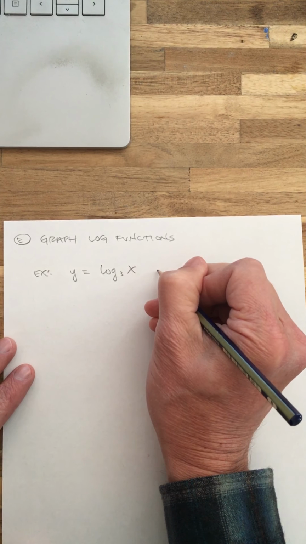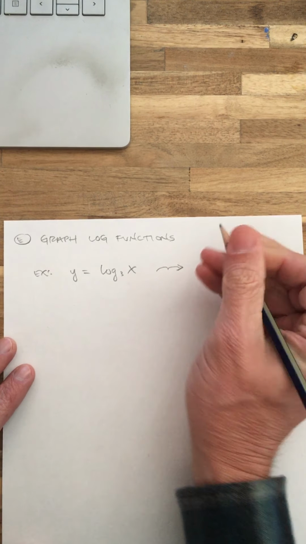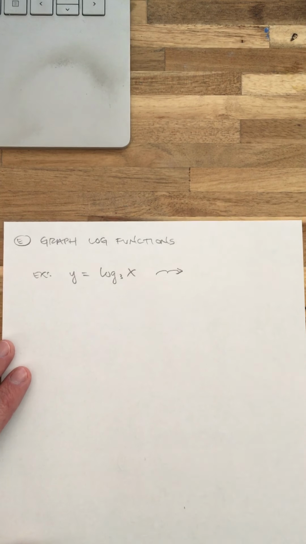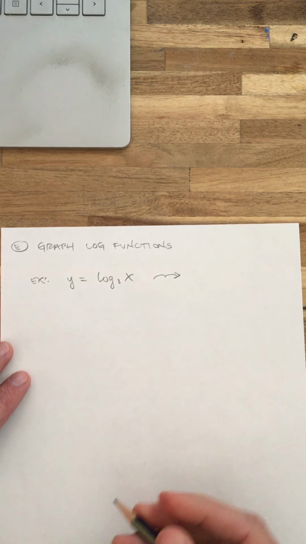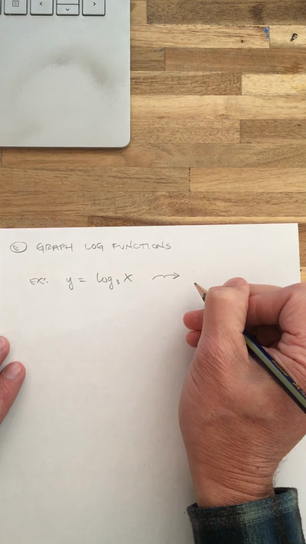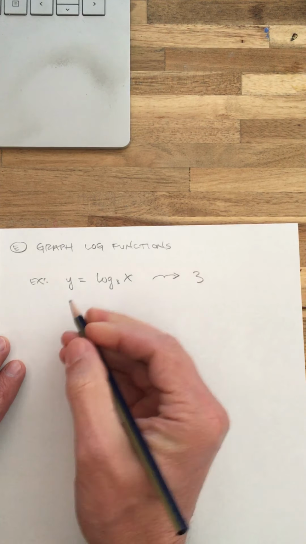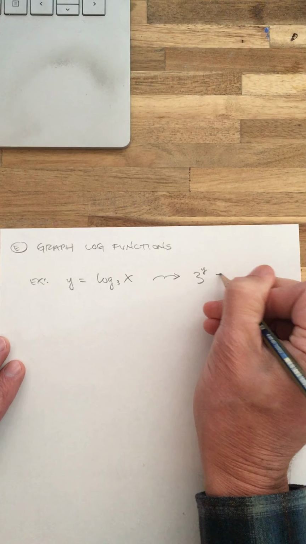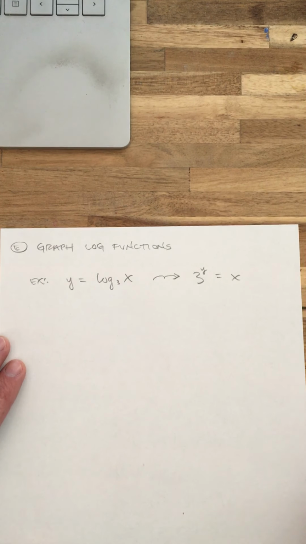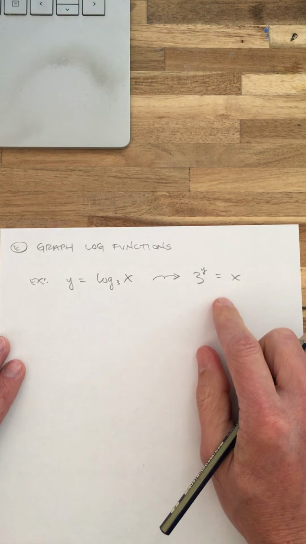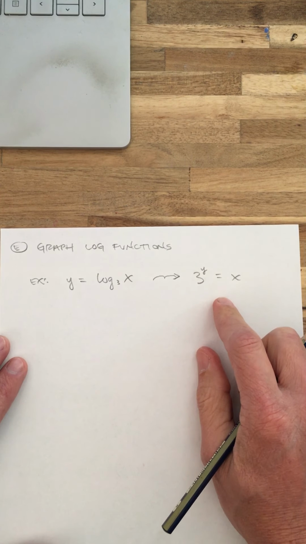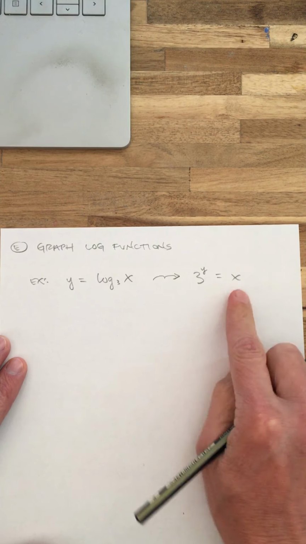Okay, what does that turn into? What's the base? What's the power? So to write this as an exponential function, the base is 3, the power is y, and that's going to equal x, okay? It's a very standard, straightforward, basic move to be able to switch forms.